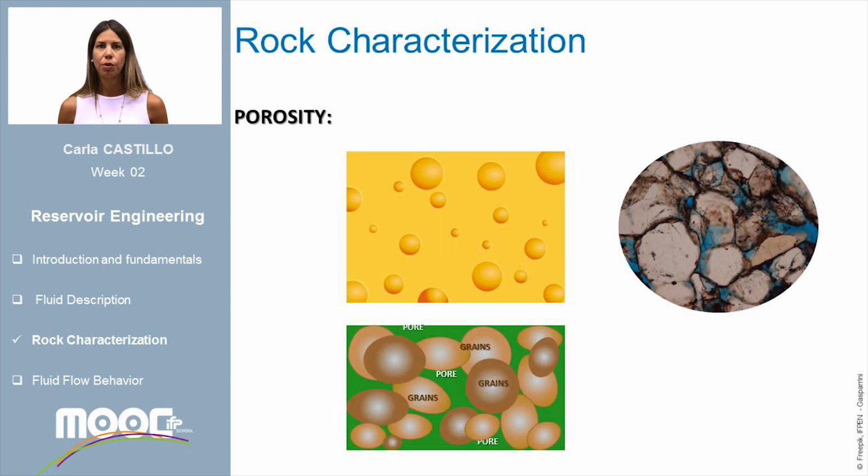In other words, the porosity characterizes the rock's ability to store fluids and will be an important parameter in hydrocarbon accumulation and ultimately in hydrocarbon production if these voids are in fact connected. The equation here helps us to calculate porosity if the bulk volume and the volume of grain is known.